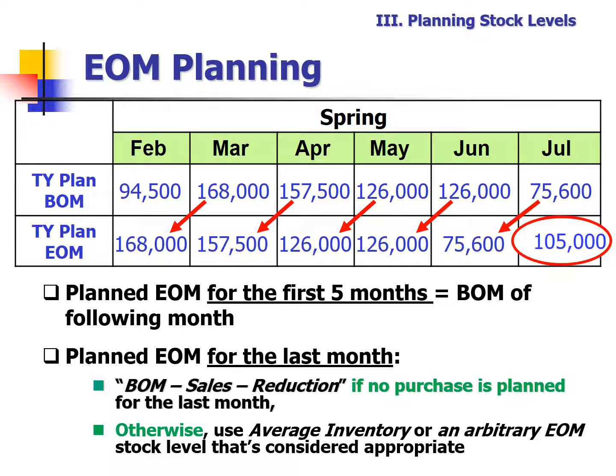Then what if you don't have such a plan? It's not like you're planning to not make any purchase, so you may still plan to make purchases. If that's the case, how are we going to estimate the last month EOM? A lot of times we may use the average inventory, because average inventory is the average level of inventory across all 6 months. So if we just utilize that, that may be a kind of safe plan.